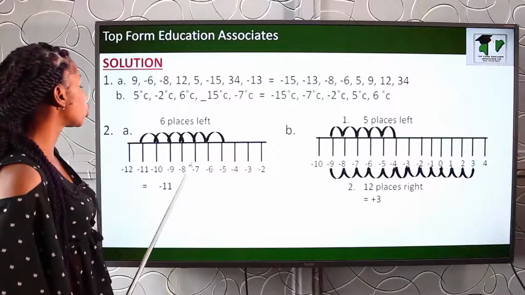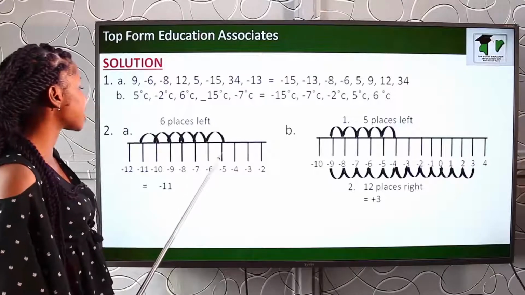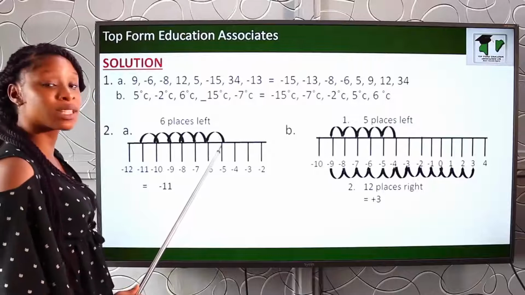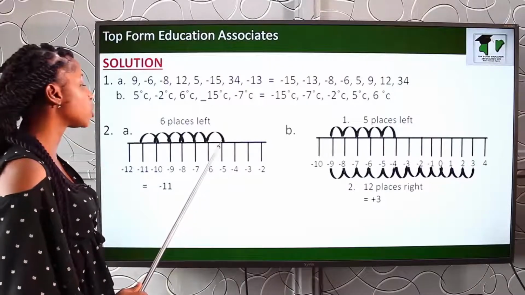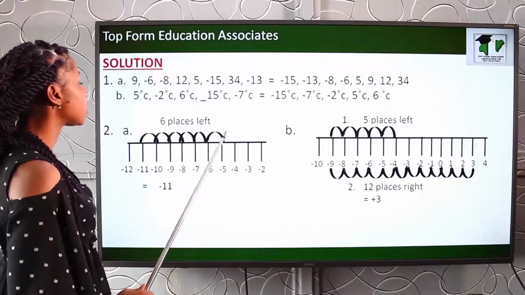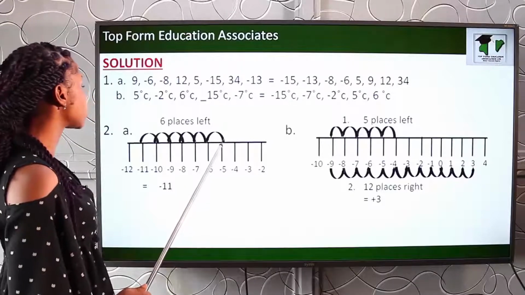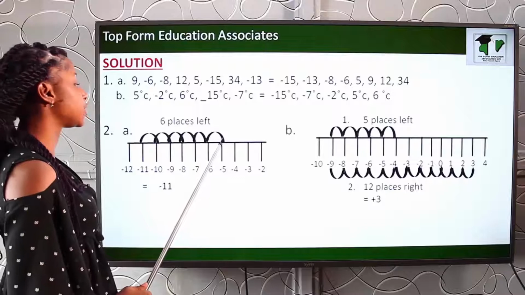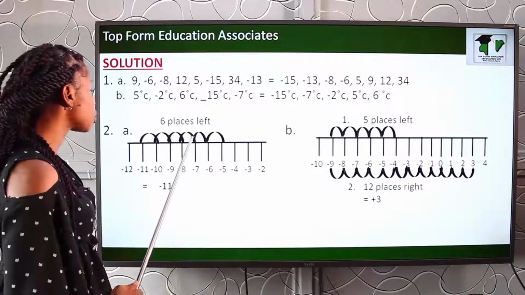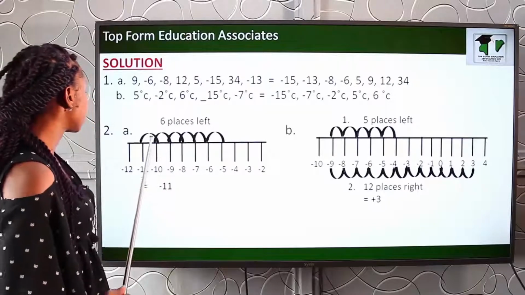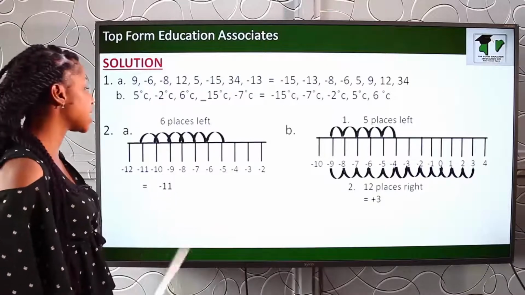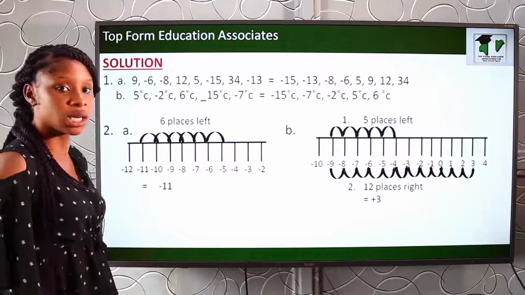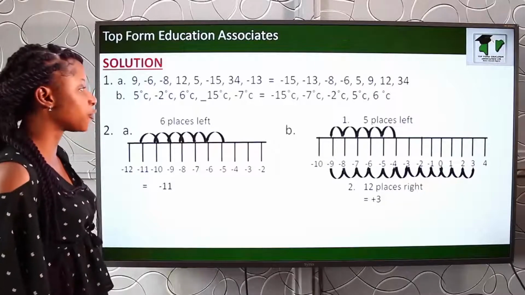To do this sum using a horizontal number line, we start at minus 5 and count 6 places left. 1, 2, 3, 4, 5, 6. Our answer is minus 11. So, in essence, minus 5 minus 6 is minus 11.